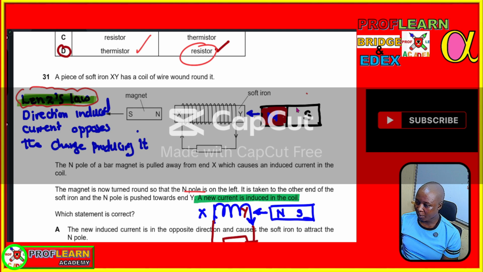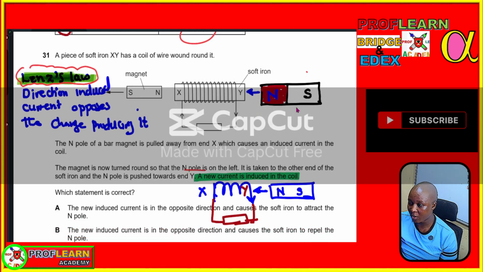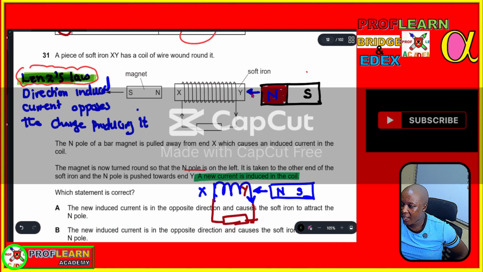Then it's brought to Y and pushed through the solenoid, and a new current is going to be induced. Something you need to remember: the induced current acts in such a way that it opposes the change causing it.